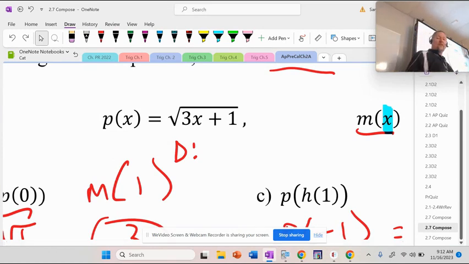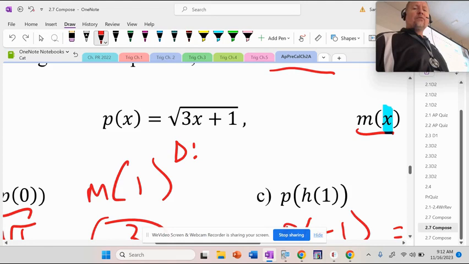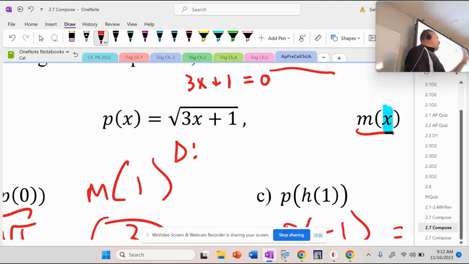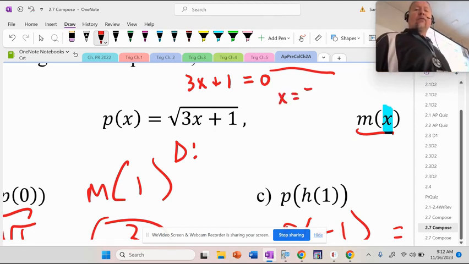So what makes this negative? Set this equal to 0, and this is the threshold of what makes this okay. Subtract 1, divide by 3, and you get negative 1/3. What happens when I plug in negative 1/3? This becomes 0.